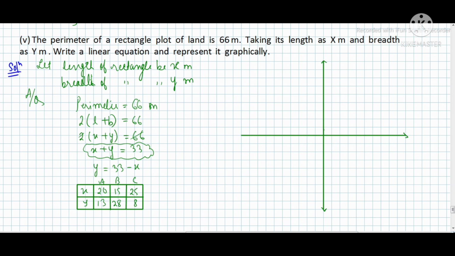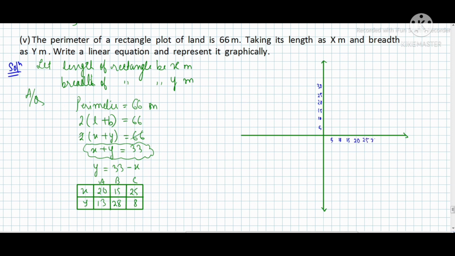So we have to consider each square unit as 5 units. So it is 5, 10, 15, 20, 25, 30. Similarly 5, 10, 15, 20, 25, 30.